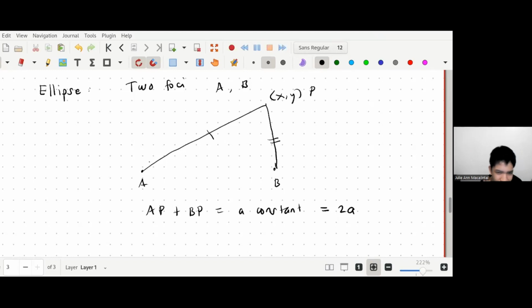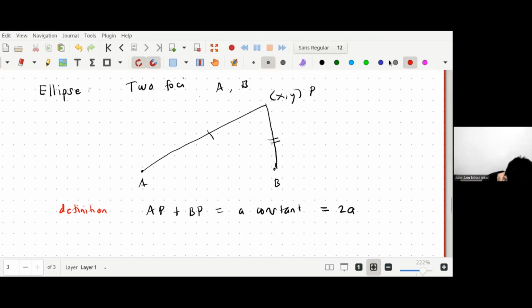So for convenience, let's choose the following coordinate system. So ito yung definition. Two foci and the point, the sum is a constant. So all points that satisfy AP plus BP equal to a constant 2A.